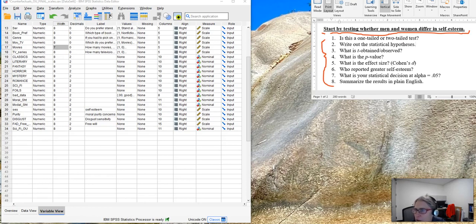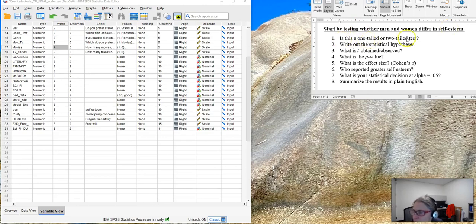All right. So first of all, you have to think about actually what it means. Now here it's always extremely important to make sure you understand the data set. So that will be your first step. And then you have to understand the question. Start by testing whether men and women differ in self-esteem.